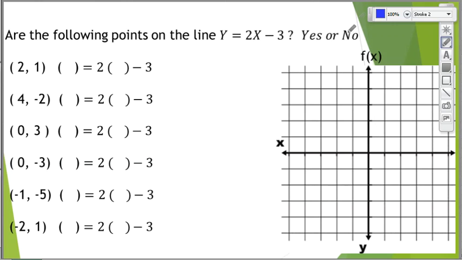Okay, so let's go ahead and look at this example. Are the following points on the line y equals 2x minus 3? And we just want to say yes or no. And I'm actually going to graph this line for you.